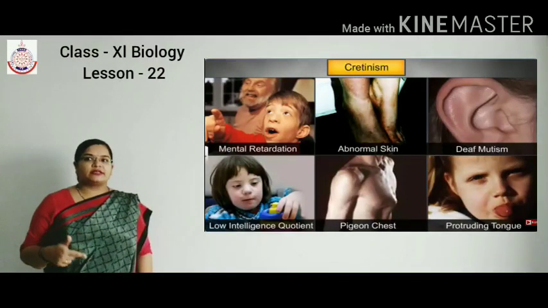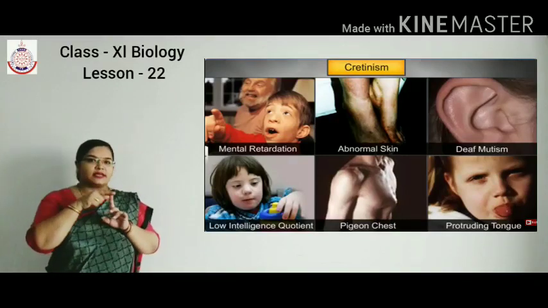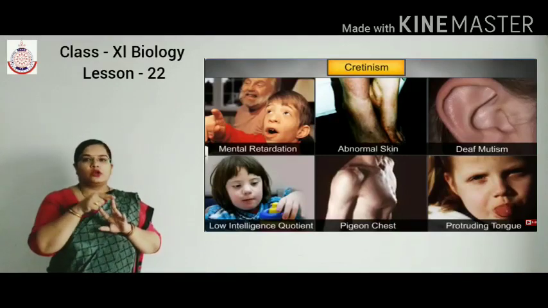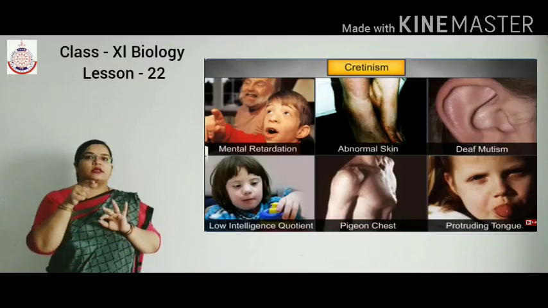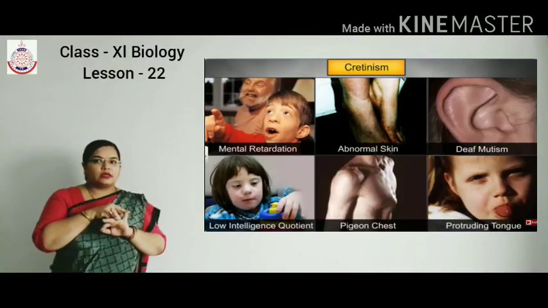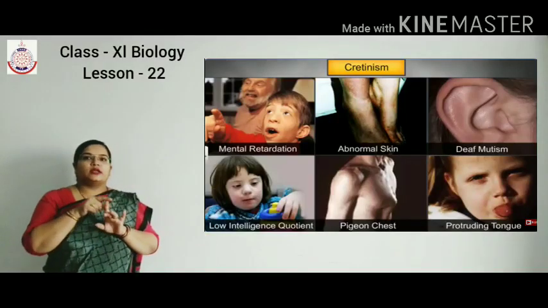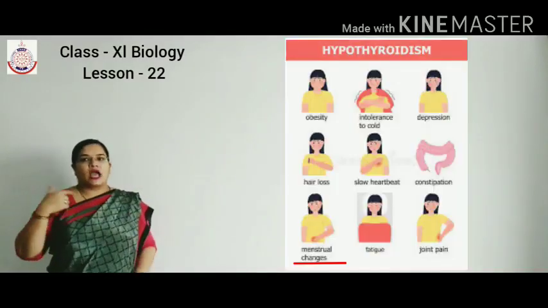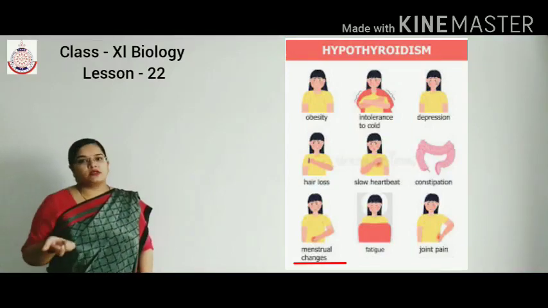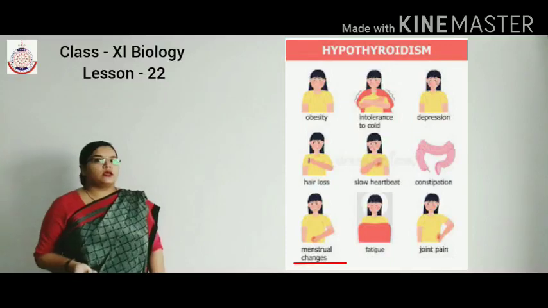So hypothyroidism in children is known as cretinism. It results in mental retardation, low intelligent quotient, abnormal skin, dry skin, and they can be deaf or mute. Now in adult women, hypothyroidism may also lead to abnormal menstrual cycle.